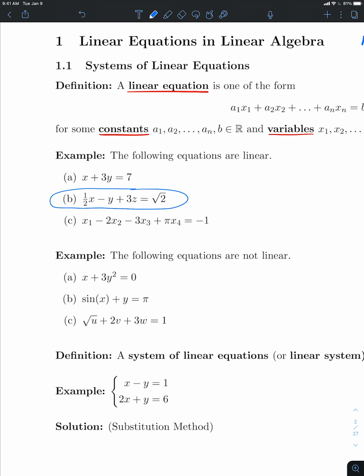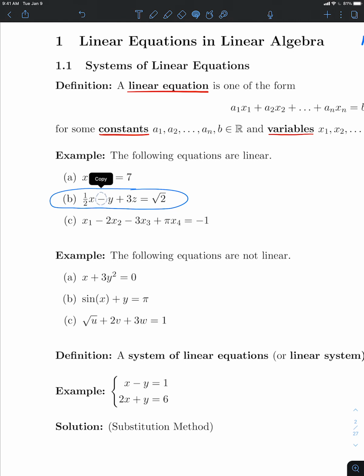Now what about the y? First of all, there's nothing written immediately in front of the y that multiplies onto it. But second of all, based on what I said in part A, that would imply that 1 is the coefficient of y, isn't it? But careful, hang on. You'll also notice that there's a subtraction between the 1/2 x and the y.